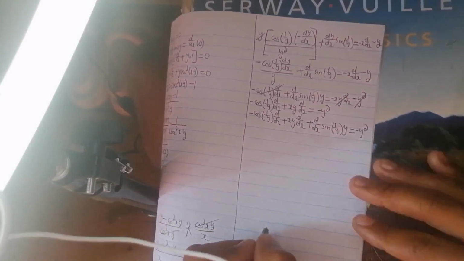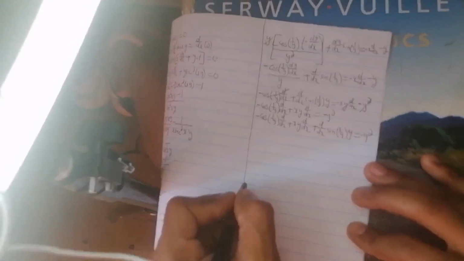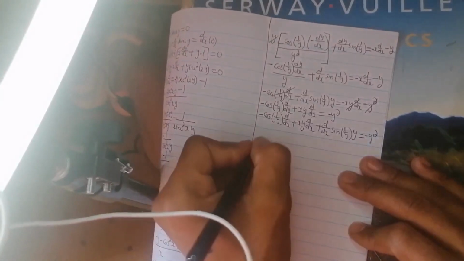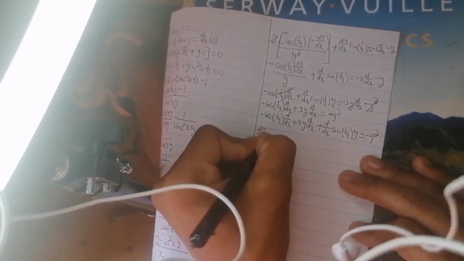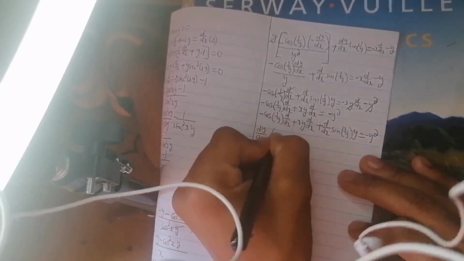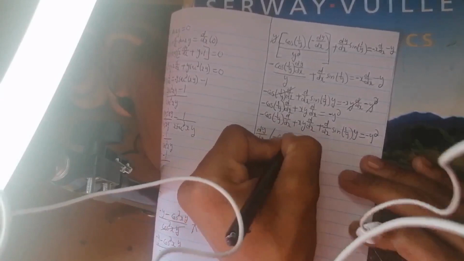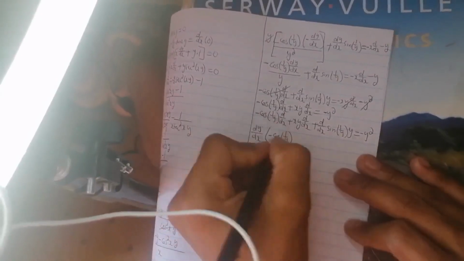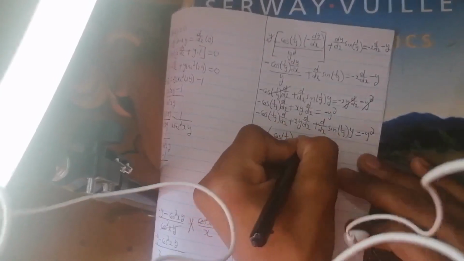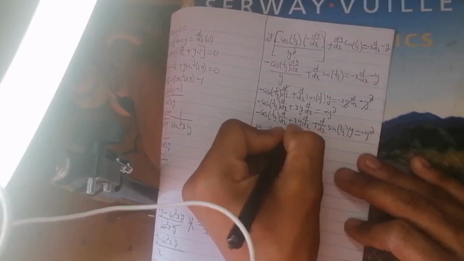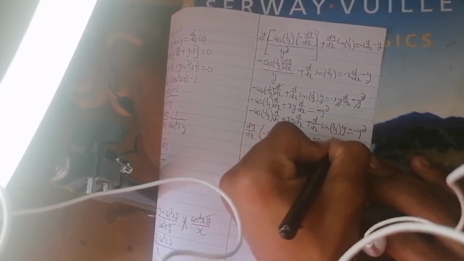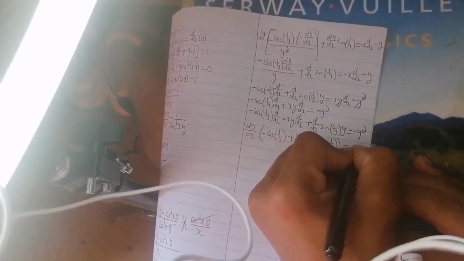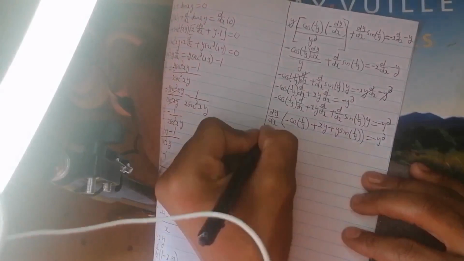Right, and then when we are there, I can factor out dy over dx, and I will have dy over dx. I will have minus cos 1 over y, which is this one, plus xy, which is this one, plus y sine 1 over y, which is this one, that is equals to minus y squared.